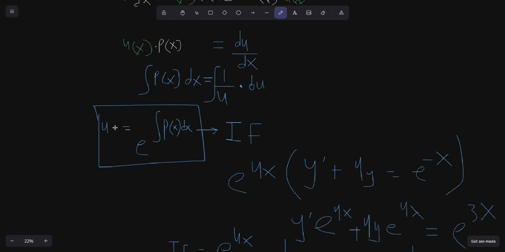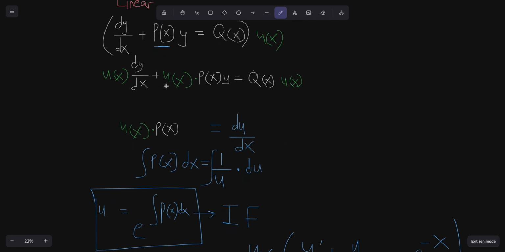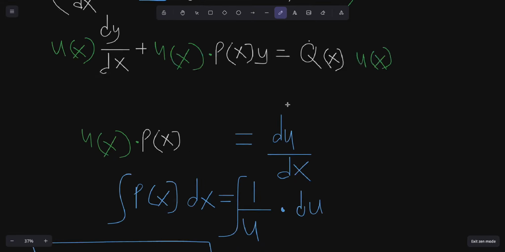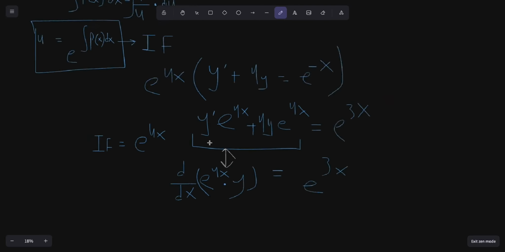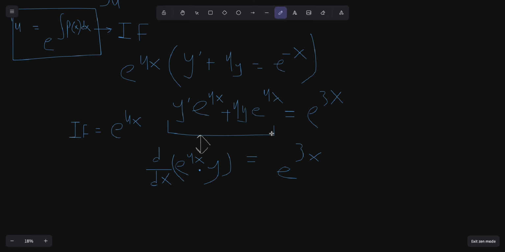Remember back to when we did the proof to find the integrating factor: we assumed that we have a product rule where it's u of x times y, and we want to write it as a singular product rule. So here we have it. We have some integrating factor multiplied by y, and we take the derivative of that, and that's going to be equal to whatever's on my left-hand side right over here. You can actually compute the derivative, if you wanted to, and you'll find out that it's equal to this left-hand side right over here.